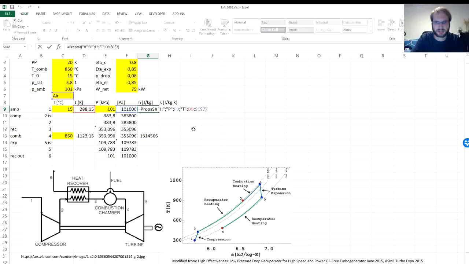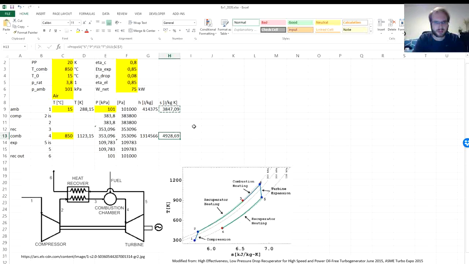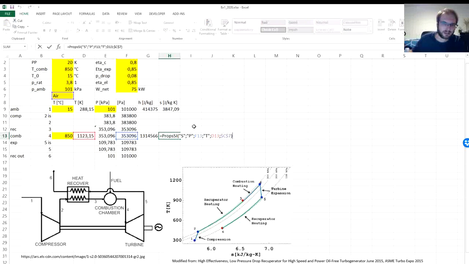Let's put it like this. Copy the whole function. So it still stays as the function of temperature and pressure for air, and just instead of enthalpy we will use entropy S. We can immediately use the same function for point 4, temperature and pressure.